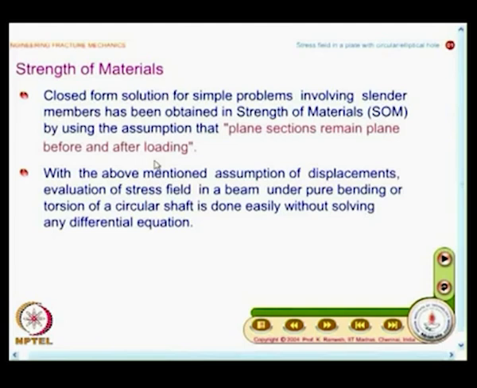And you have been able to solve problems related to slender members, and when you looked at slender members, you also carefully looked at what kind of problems you would solve. You have evaluated the stress field in a beam under pure bending or torsion of a circular shaft.